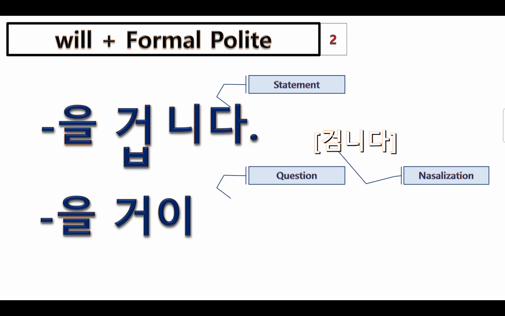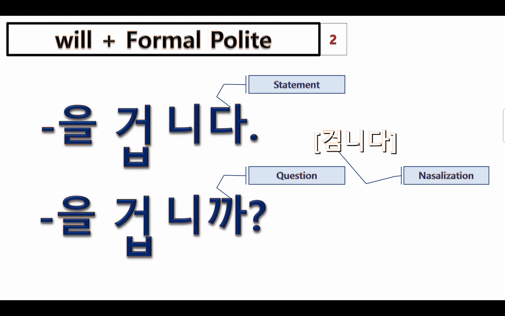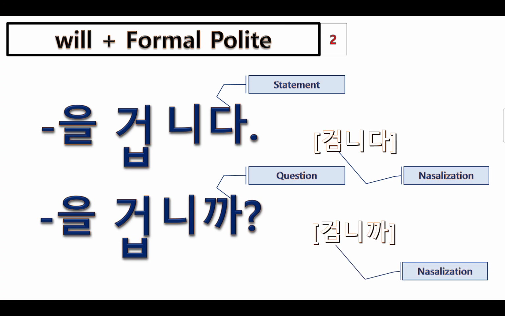How about a question? The question is ㅂ니까. And here 이 can also be omitted because this is a short form. So ㅂ goes down like this, and the pronunciation is 겁니까? Nasalization. So statement 을 겁니다, question 을 겁니까? 먹을 겁니다. 먹을 겁니까?